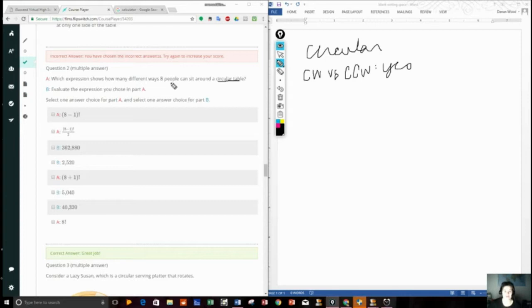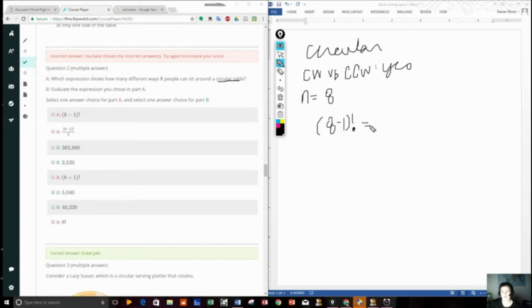it's different. Say you had Bob and George, and Bob was on your right hand side and George was on your left. That's going to be different than having George on your right hand side and Bob on your left. So yes, it makes a difference. And then evaluate. So it's circular, so I need my n, which is the number of people we have, which is 8. So our circular is n minus 1, so 8 minus 1 factorial.